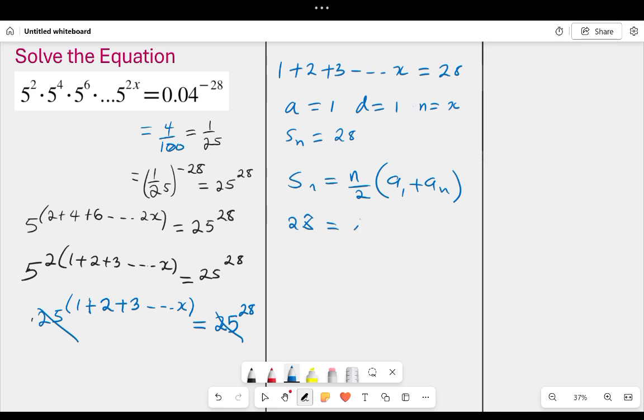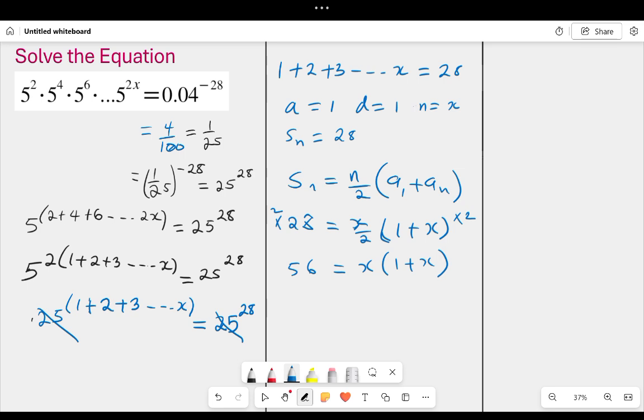Our n is x over 2 into brackets. Our a is 1 plus our n is actually x. Now, the easiest way we do here, let's get rid of this denominator. We multiply by 2 on both sides. So 2 times 28, we have 56. 56 is equals to x into brackets 1 plus x.